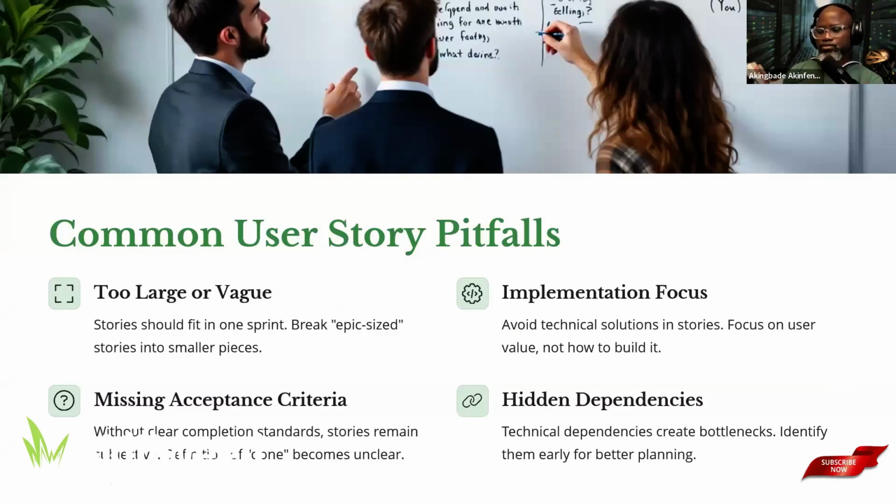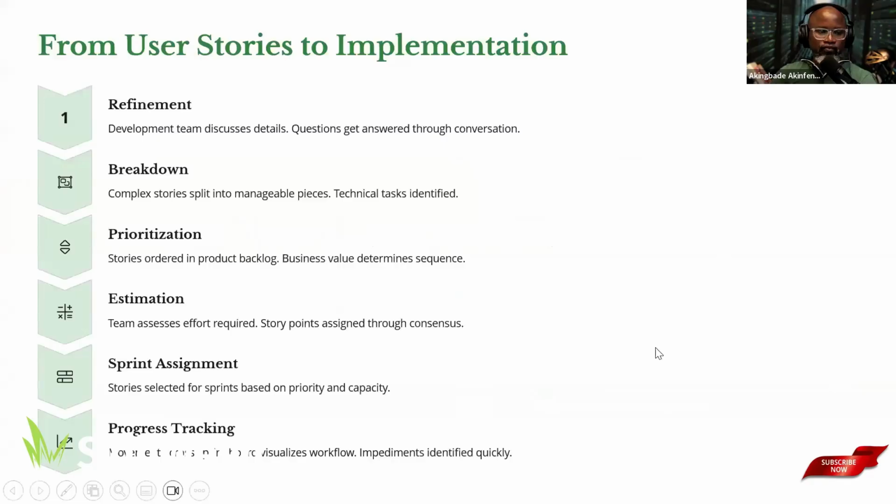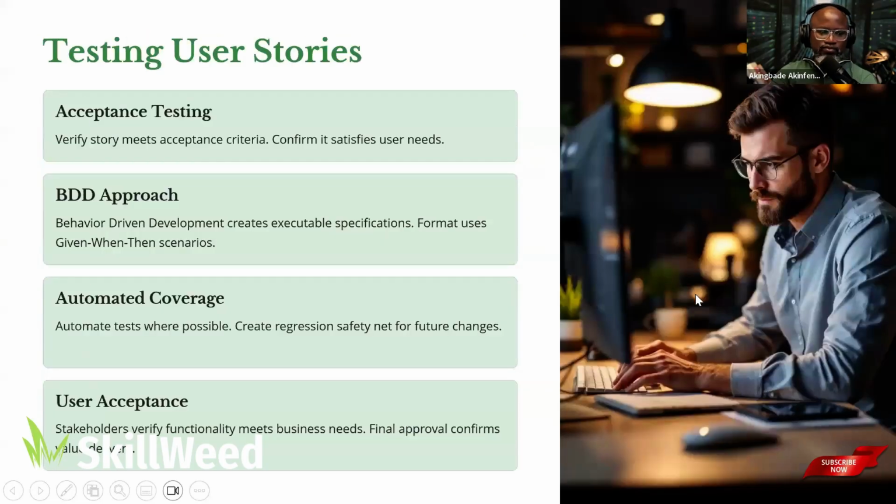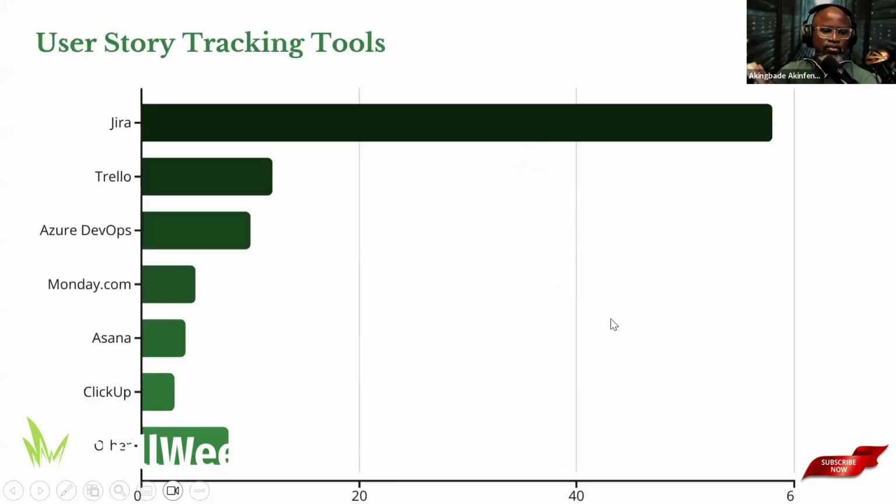Sometimes some stories cannot be moved forward because they depend on other features or stories. So understand dependencies and potential roadblocks that can come up. This is just our testing of user stories, very important. At the end of the day, testing, testing, testing. We have to keep testing.